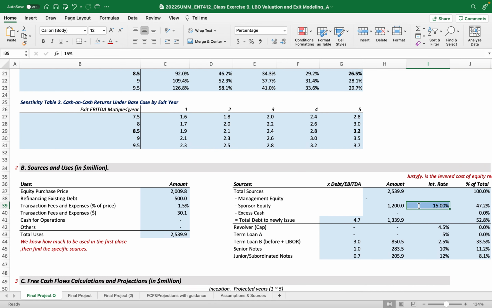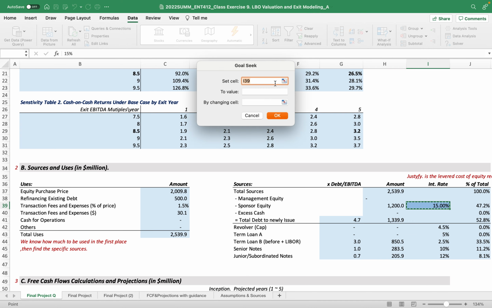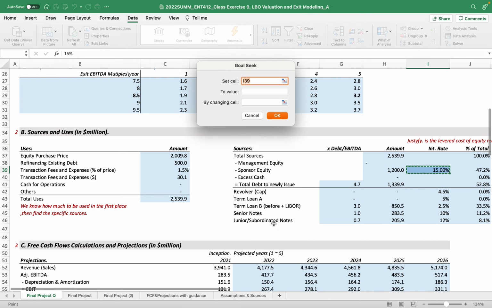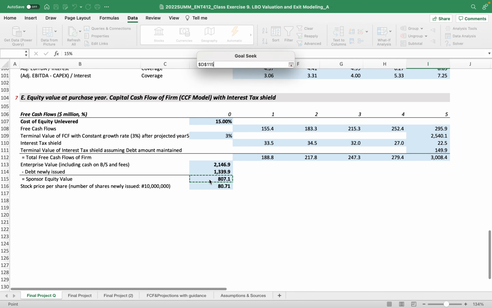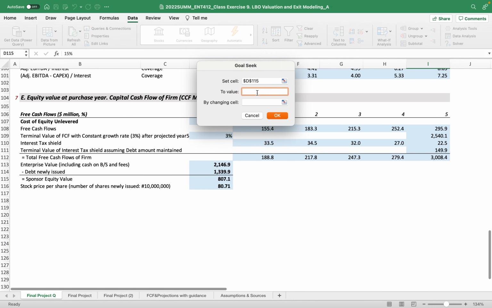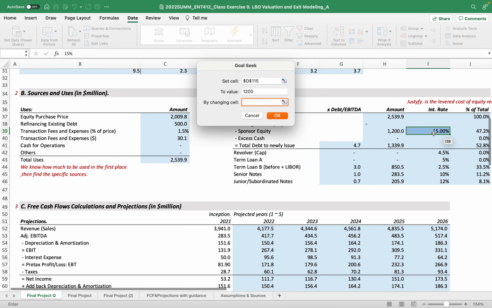We want to use Goal Seek. Here, under Data, What-If Analysis, Goal Seek, set the cell: I want to set this sponsor equity value to 1200, the $1.2 billion we set up, by changing the cell of this input variable.